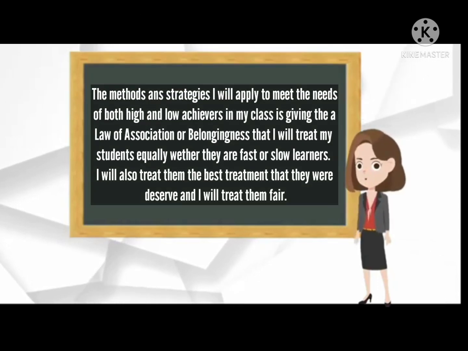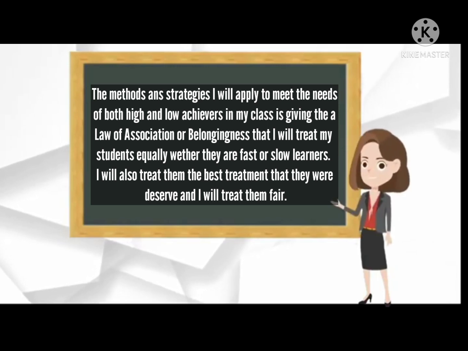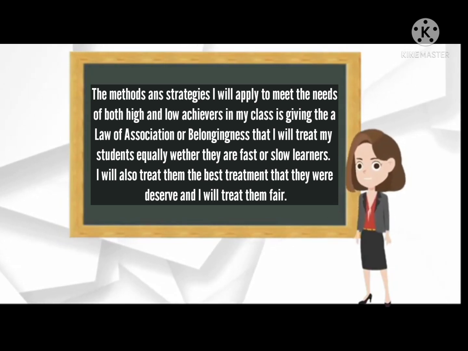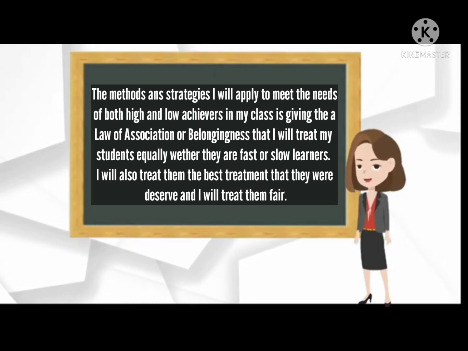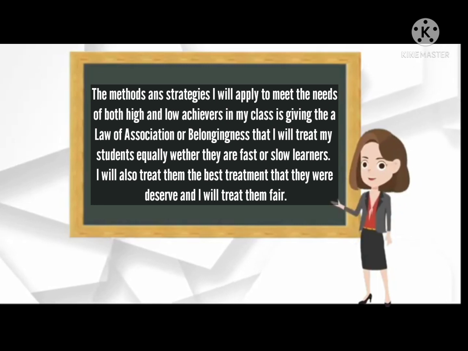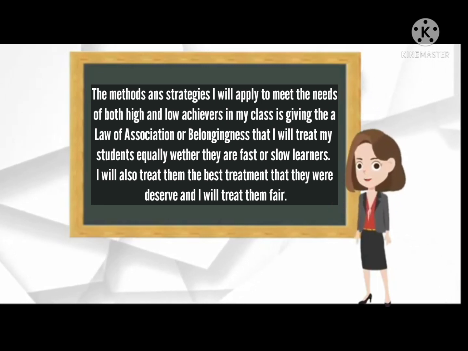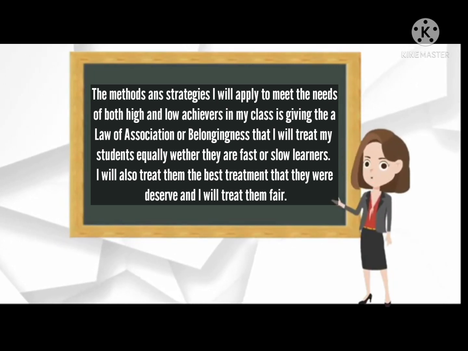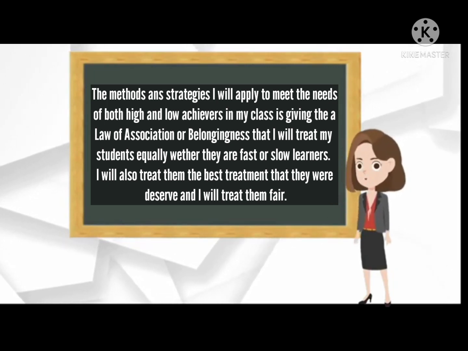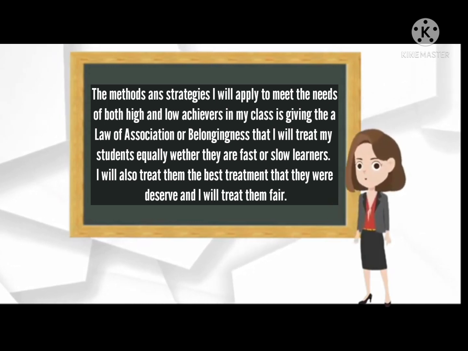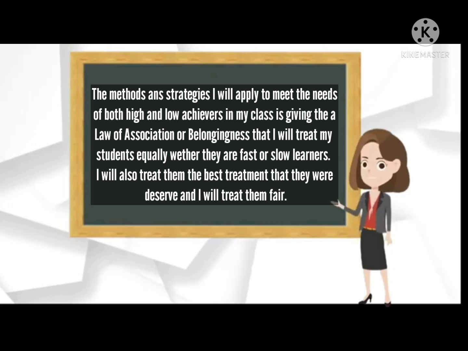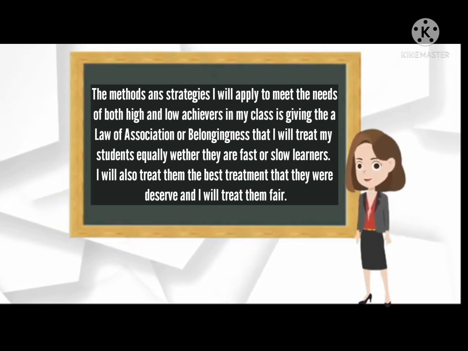If I will be a teacher someday, the methods and strategies I will apply to meet the needs of both high and low achievers in my class is giving them a sense of association and belongingness, and I will treat my students equally, whether they are fast or slow learners. I will also give them the best treatment that they deserve, and I will treat them fairly.